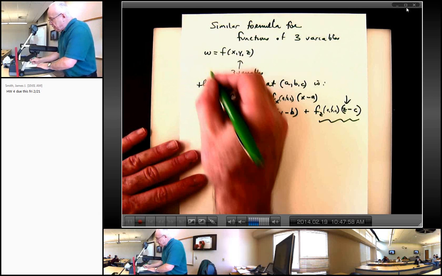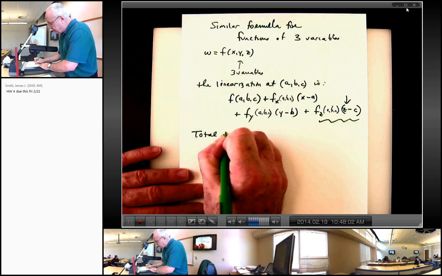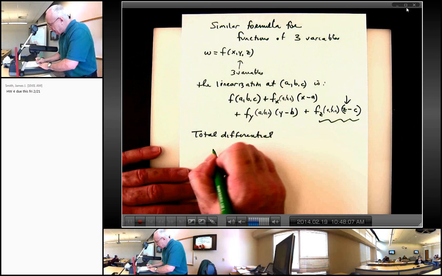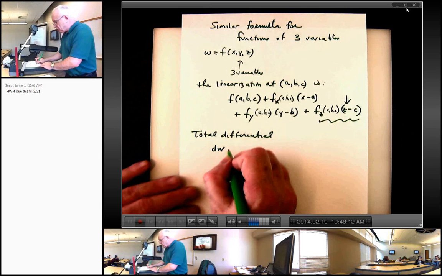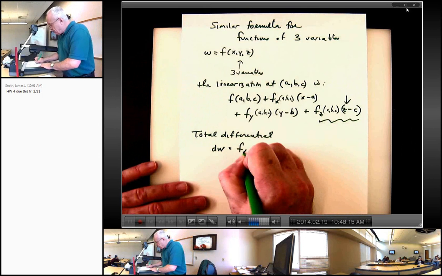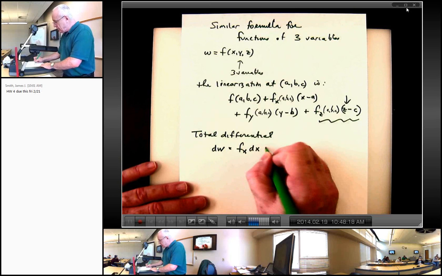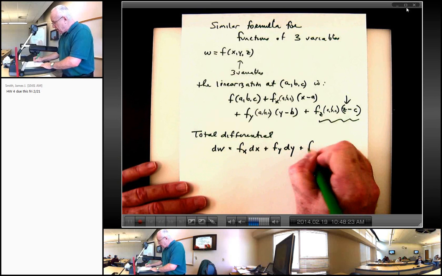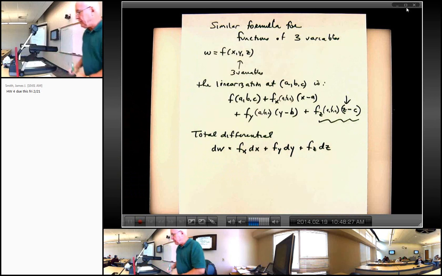The other thing, a similar formula, is the one for the total differential. We'll call it dw, and it is equal to the derivative with respect to x times dx, plus the derivative with respect to y times dy, plus the derivative with respect to z times dz.